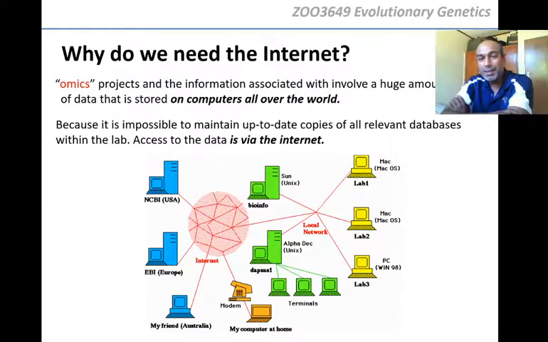What about the internet part? Remember, the answer is the bioinformatics, which is all the algorithms and the big computers, but also the internet. Why? Because with these omics projects, you often need to find huge amounts of data which are not stored on your computer at Univen.